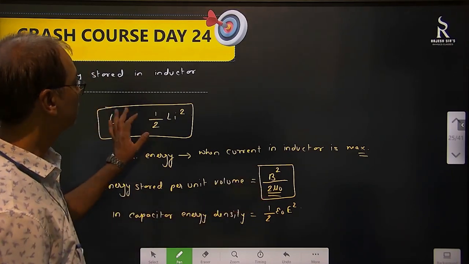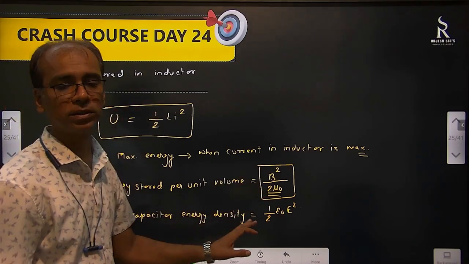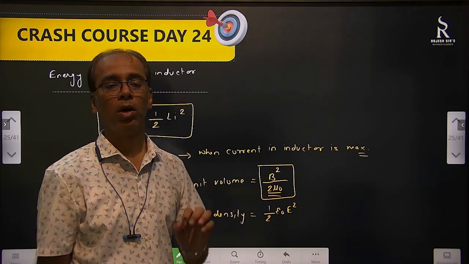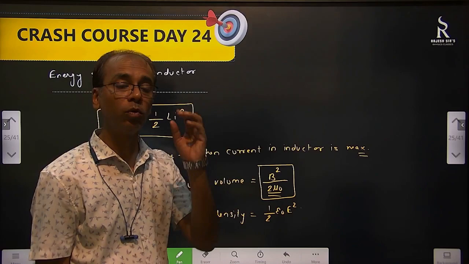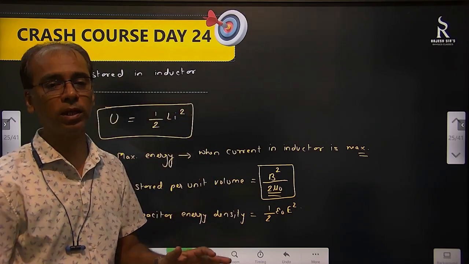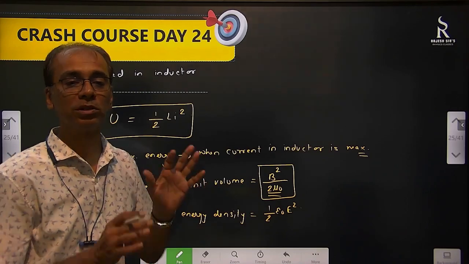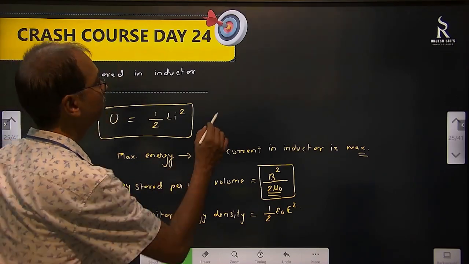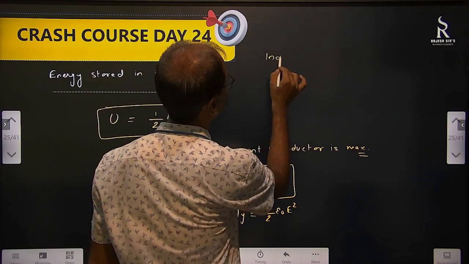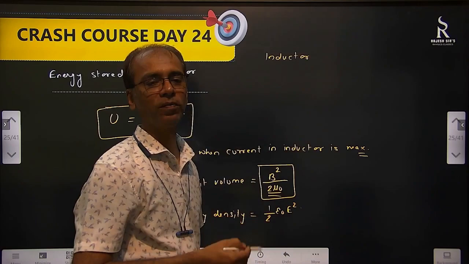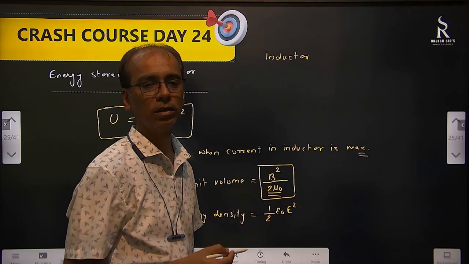Energy stored is half Li square, in capacitor it was half CV square. Capacitor opposes the fluctuation in voltage. Inductor opposes the change in current. Remember that point also, I am writing here. Because of self-inductance, what is it opposing? Change in current.